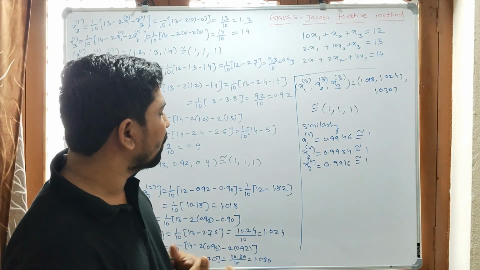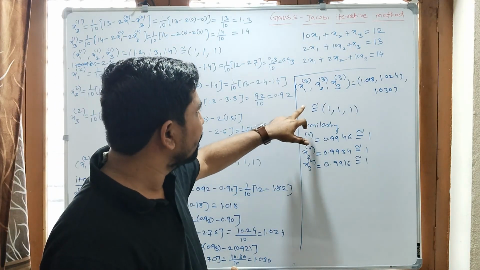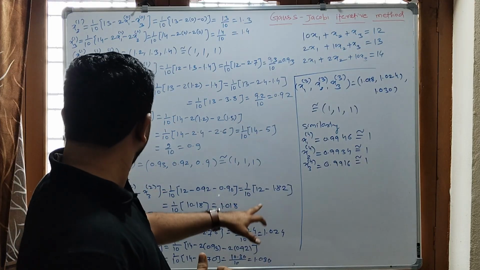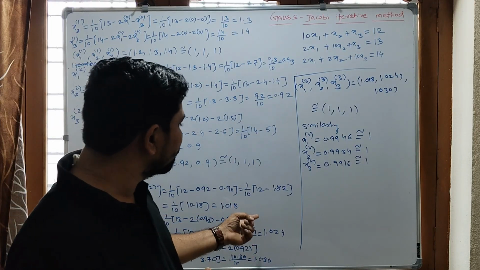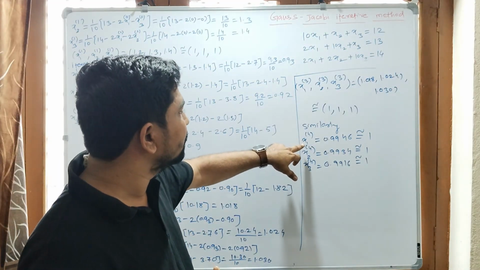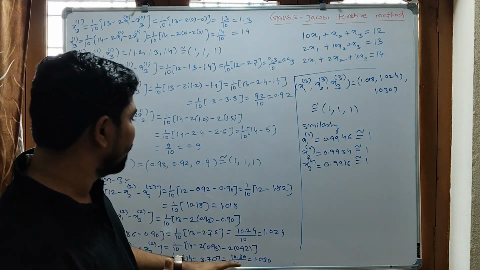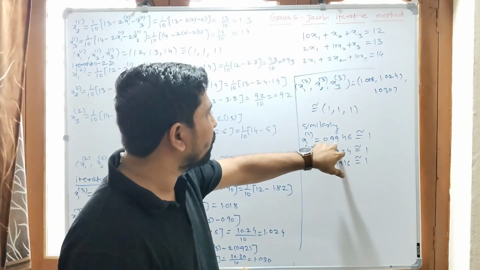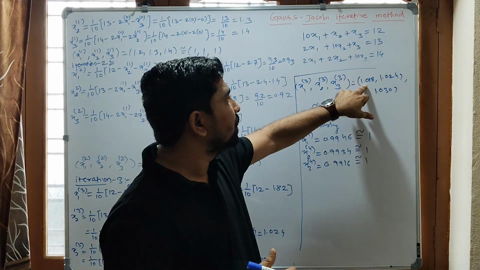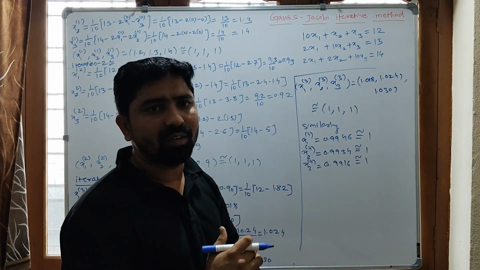But here I observe one thing. From the second iteration onwards, this is my second iteration, this is my third iteration, the difference is not big. The difference x1 at 4 minus x1 at 3, here this is my x1 at 4, 0.9946, and this is my x1 at 3, 1.018. That difference is not large.